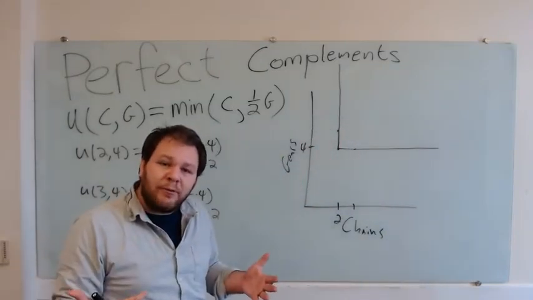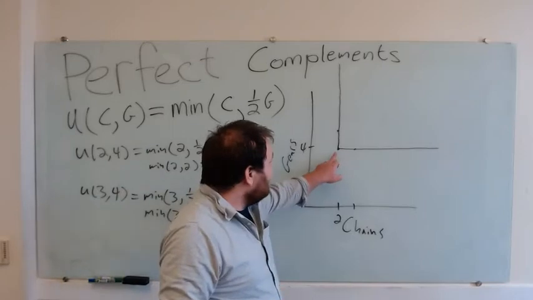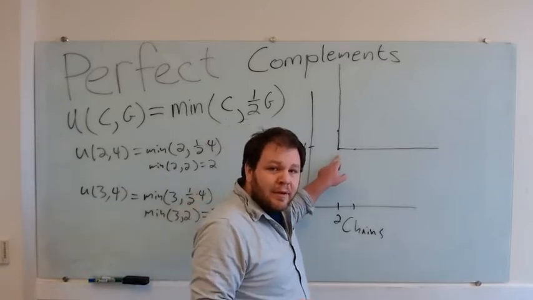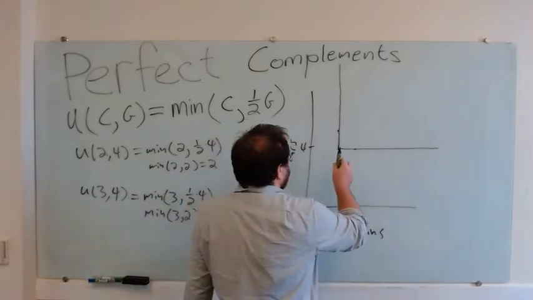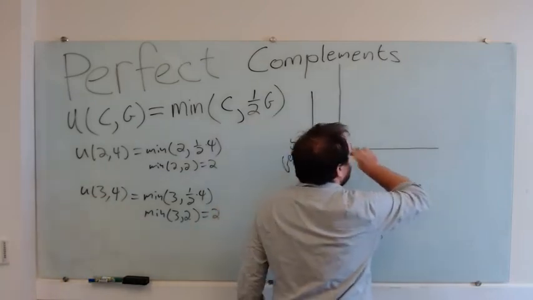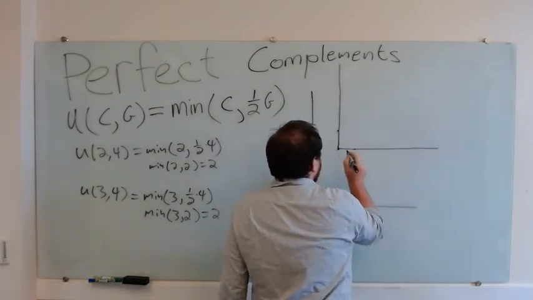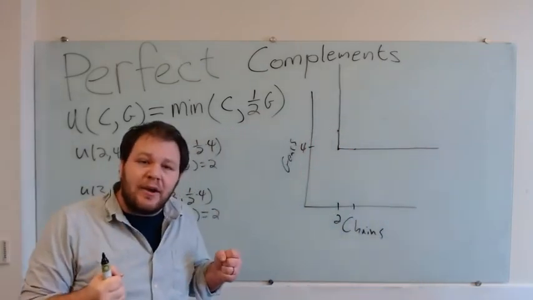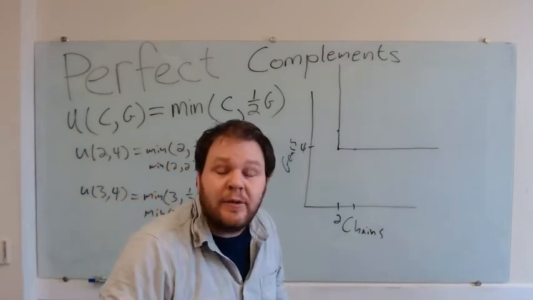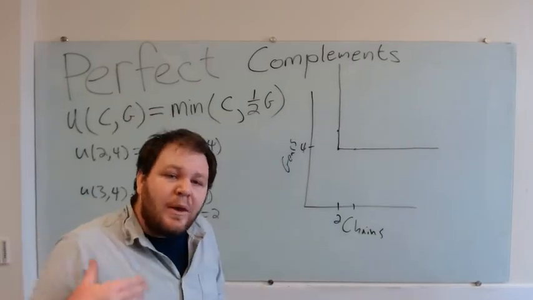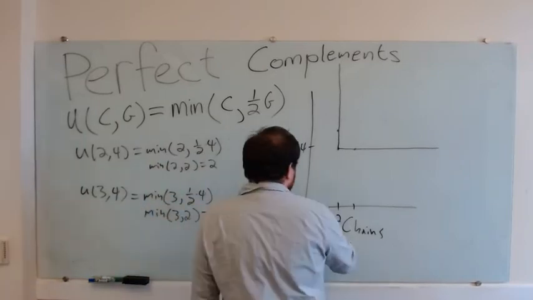So when I write up my indifference curve, it's going to be this sort of kinked right angle shape, right? That can consist of a vertical line and a horizontal line, with a kink point where I've got chains and gears in the ratio at which they're useful to me. And what if I wanted to add more indifference curves?